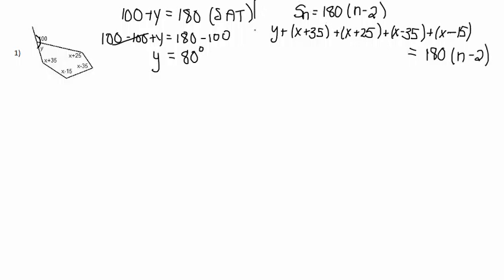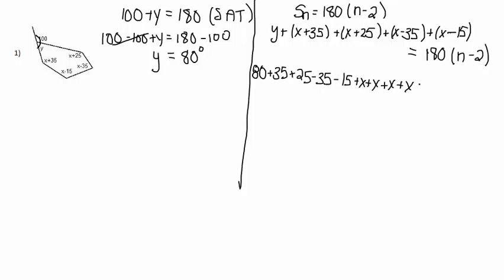So now let's combine all our like terms on the left side. We can plug in 80 for y plus all the other numbers. And now we can add all our x's. And then this is equal to 180 times the number of sides minus 2. Count the number of sides. We have 1, 2, 3, 4, 5 sides.